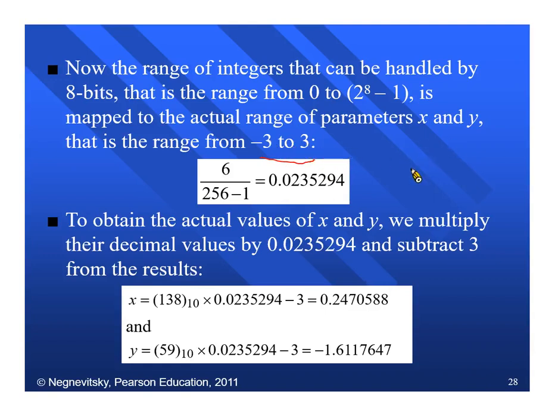So -3 to +3, the range is 6. That is the range of x and y that we can map.